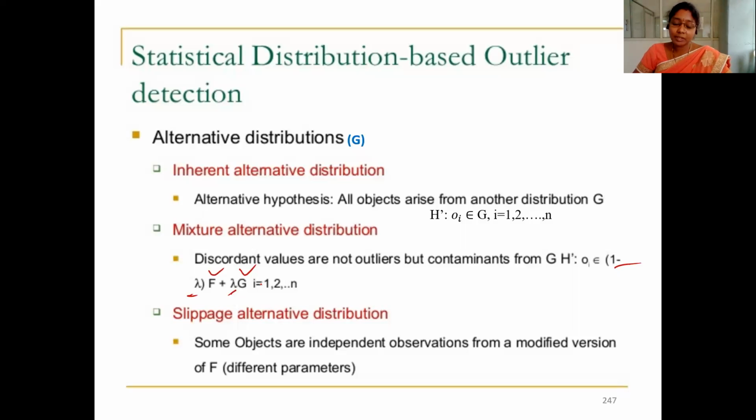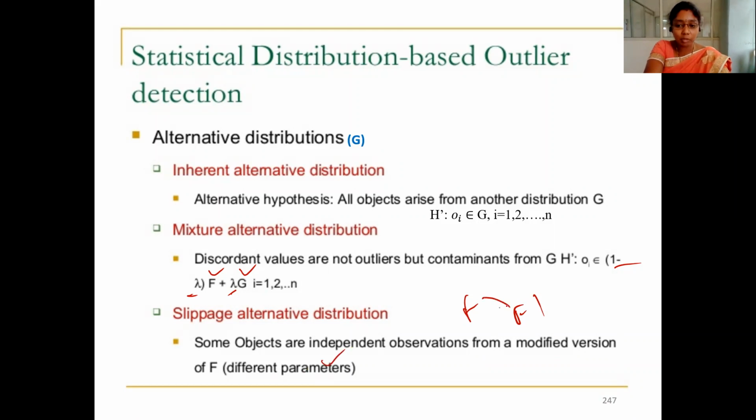And the last one is the slippage alternative distribution. It says that some of the objects belong to the original distribution F, whereas some other objects, referred to as discordants, belong to another distribution F prime, which is a different version of the initial distribution F. Some independent observations are from a modified version of F with different parameters.